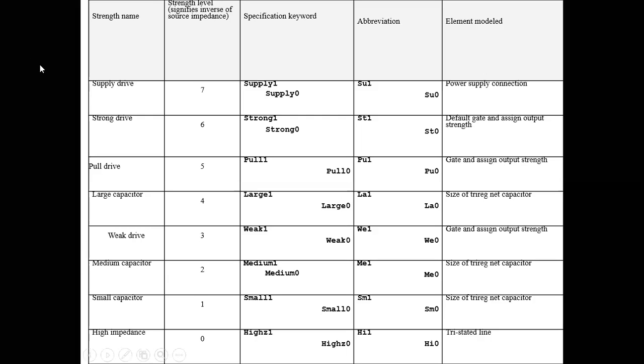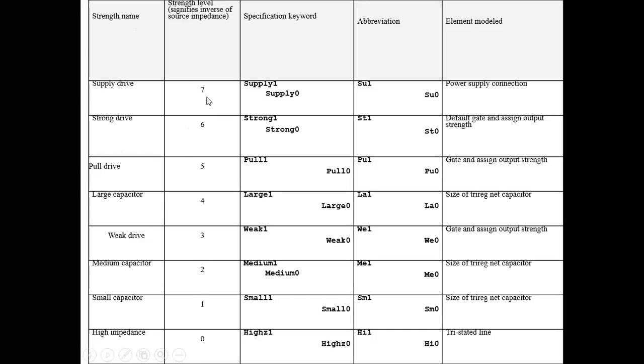So for example, see here, we have a supply drive. This is the strength name. The strength name is supply drive. These are the strength names and their strength levels.